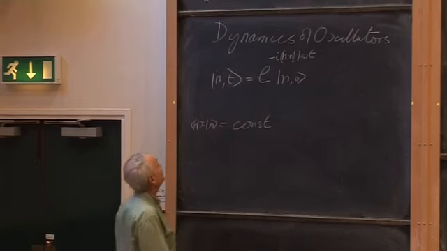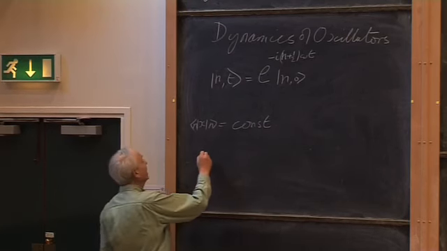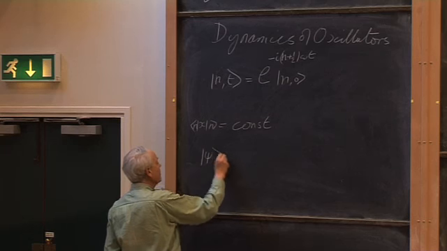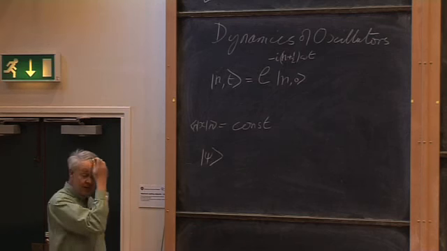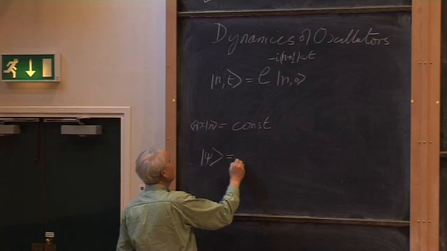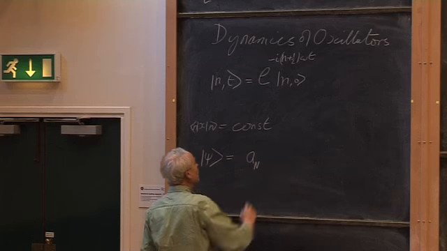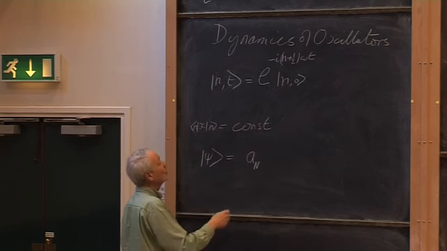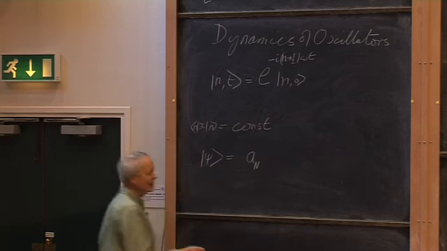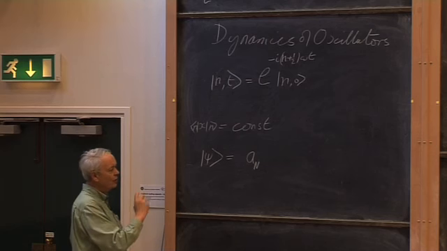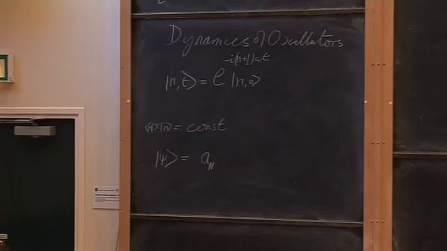So to get something that moves, we have to consider a system which does not have well-defined energy, which means that its wave function, its state vector, is a linear combination of states of well-defined energy. And let's take a simple example. Let's suppose there are just two states present.